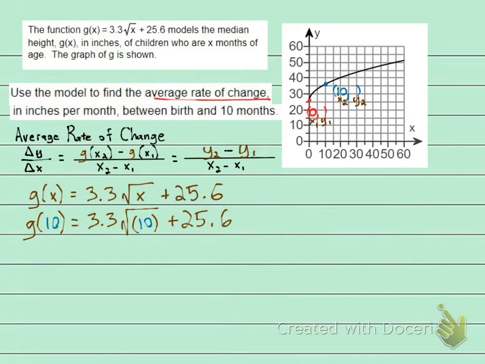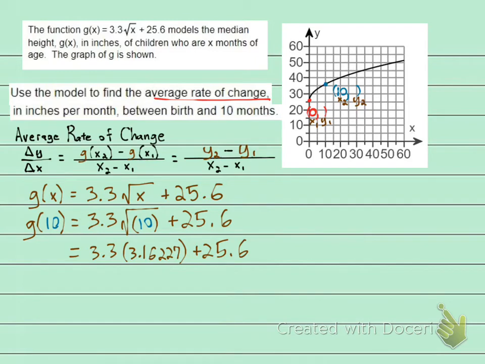All right, square root of 10. Let's see, second square root of 10 is 3.16227 approximately. We'll multiply that times 3.3, and then we'll add 25.6.